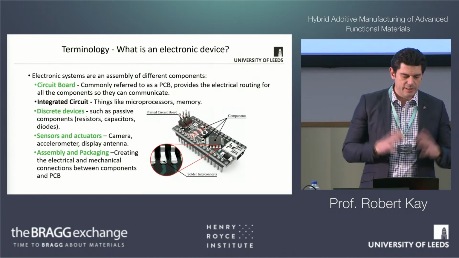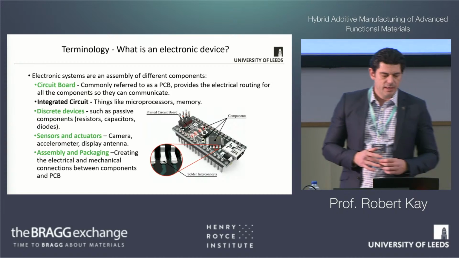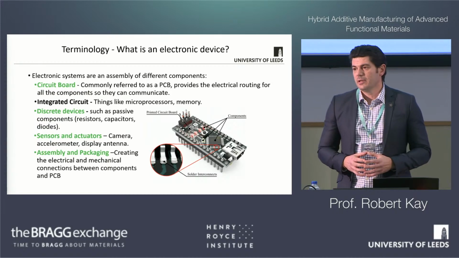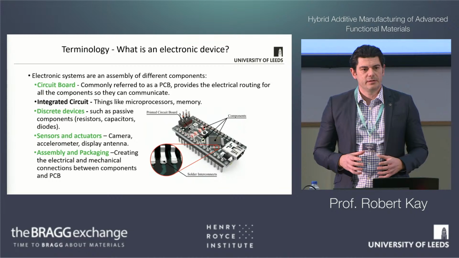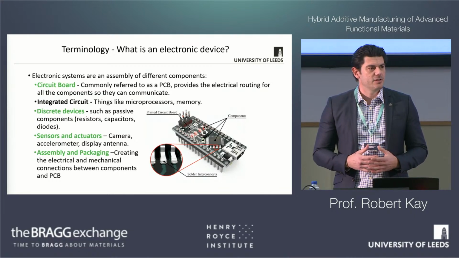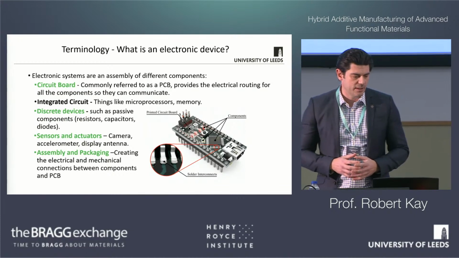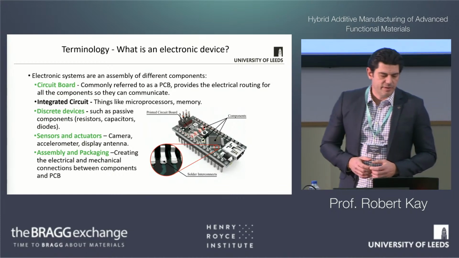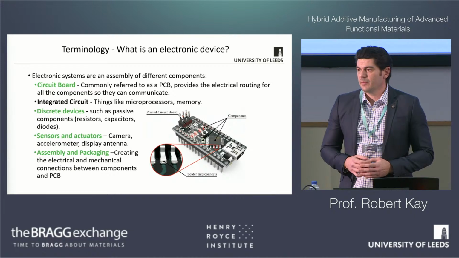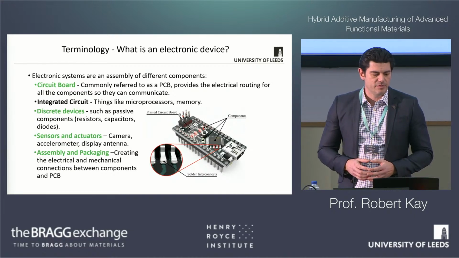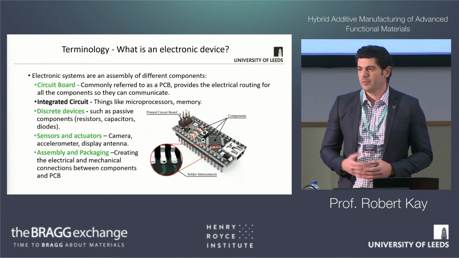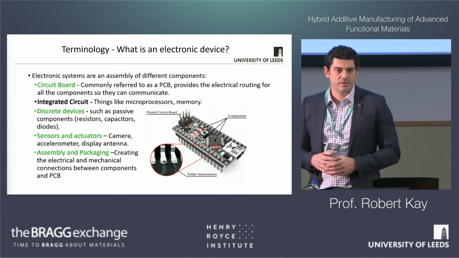Looking at a full electronic system, what you have is a circuit board. That's your electrical routing, and I typically use the analogy that it's like your road network. It allows all the different components to communicate. Then you'll have integrated circuits, typically made from a semiconductor material, and these will be things like your microprocessors and your memory, the brains of the system.